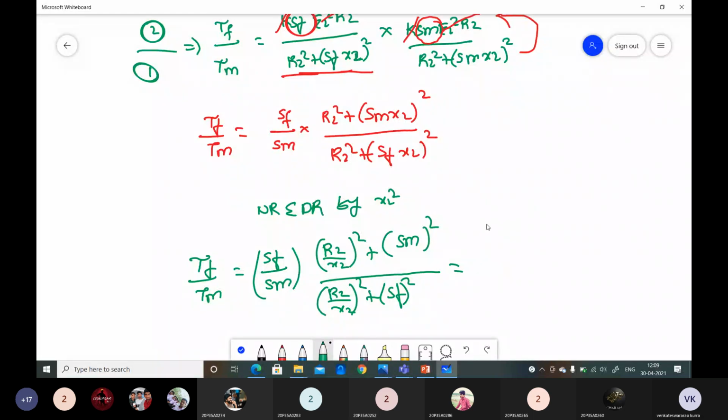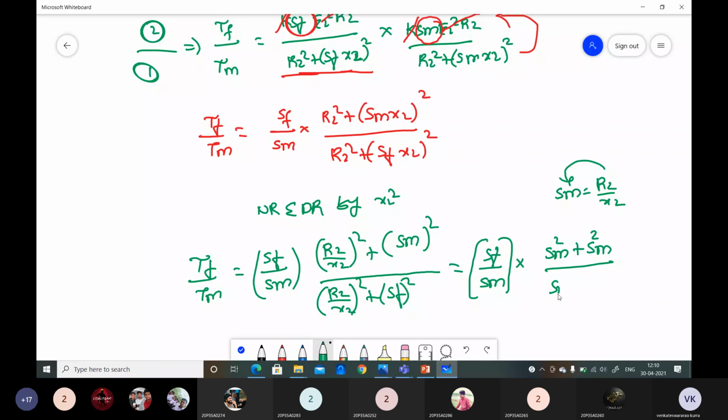But we know the formula for R2 by X2. We know R2 by X2 equals S_M. So just replace R2 by X2 by S_M. S_F by S_M into (S_M square plus S_M square) by (S_M square plus S_F square).